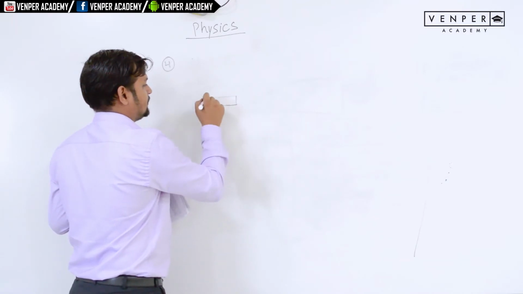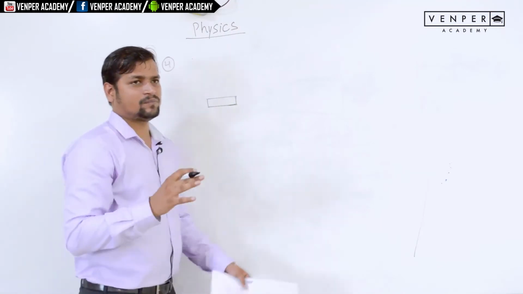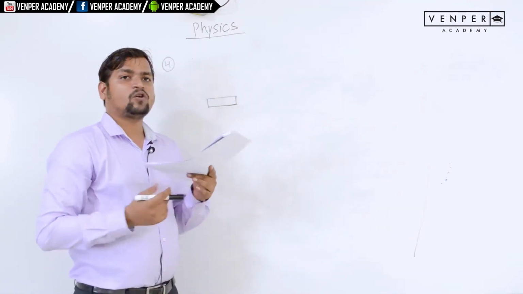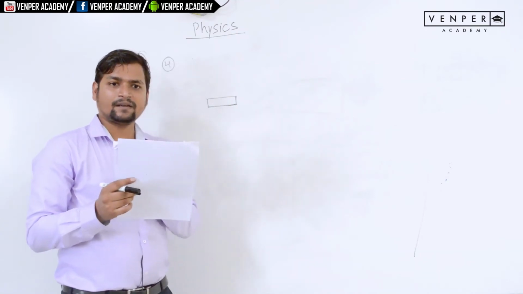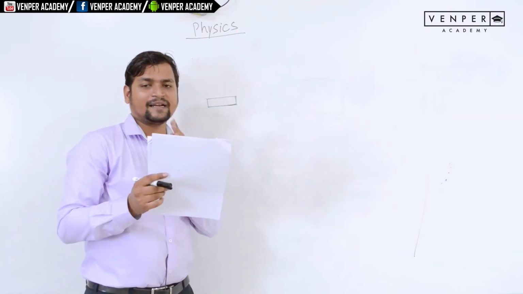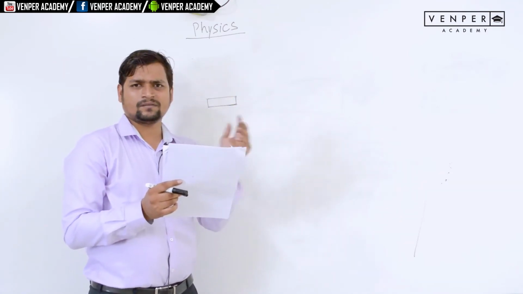Let's suppose that this is one material, a diamagnetic material. For diamagnetic material there is one property: whenever there is a magnetic field, the diamagnetic material will always move from the high magnetic field region to the low magnetic field region, simply like repulsion.